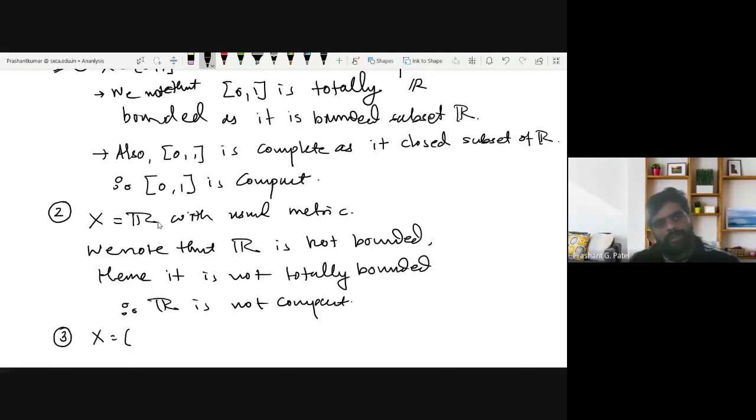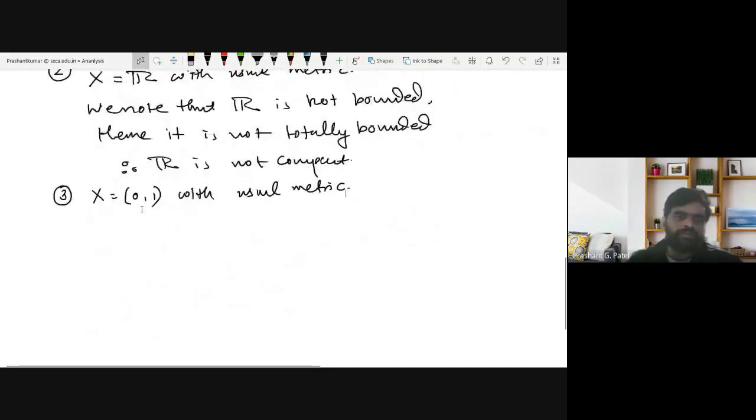If I define a set X, which is the open interval (0, 1) with the usual metric, then this space is not complete because it is not closed, as per our argument that a subset of a complete metric space is complete if and only if it is closed.